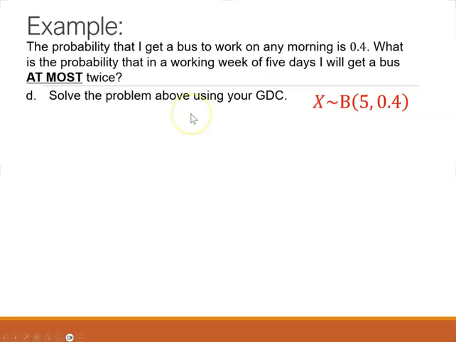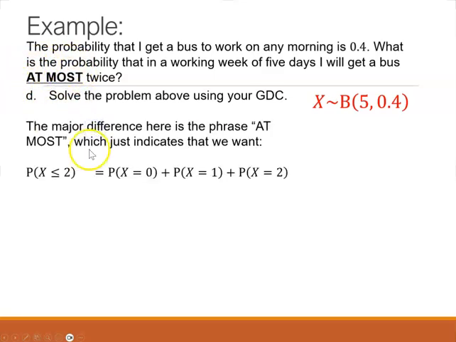Now notice I've changed the problem. What did I change in the problem presentation here? At most twice. What does at most mean? Less than or equal to. Right? So if it's at most twice, it should be X is less than or equal to 2. So that means I could calculate these three, where I could do a PDF for this one, plus the PDF for this one, plus the PDF for this one.